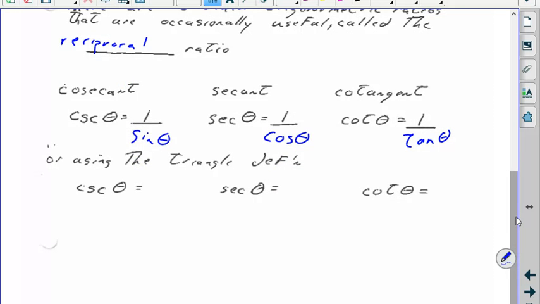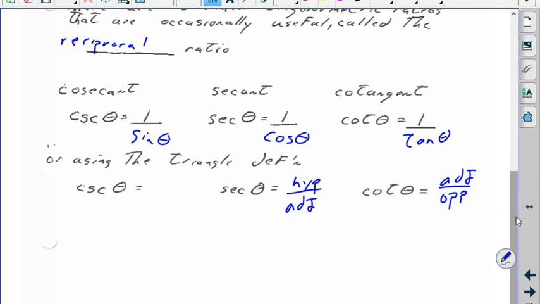Now, tangent is opposite over adjacent. The reciprocal of opposite over adjacent is adjacent over opposite. So another definition, which isn't given to you on your formula sheet, is your triangle definition for cotangent. Cosine is adjacent over hypotenuse. Secant is going to be hypotenuse over adjacent.